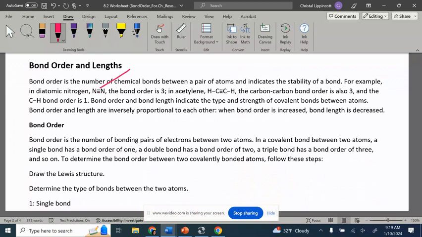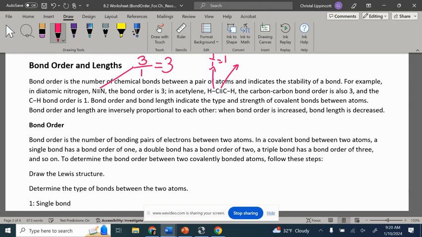So for this guy, 3 divided by 1, its bond order is 3. Okay. Here, for this bond, we have 1 bond at 1 bond site. That bond order is 1. 1 divided by 1 is 1.